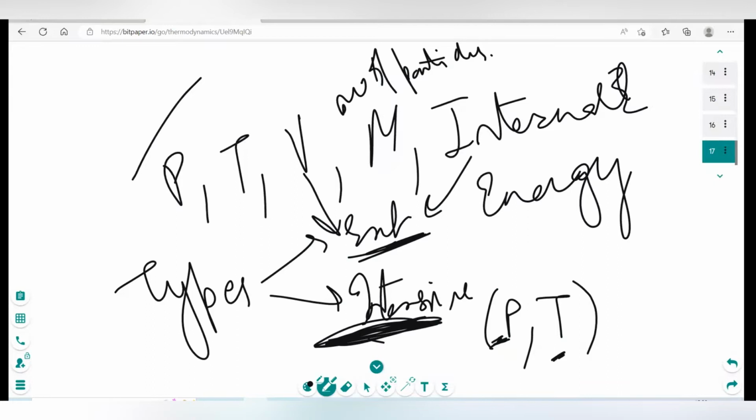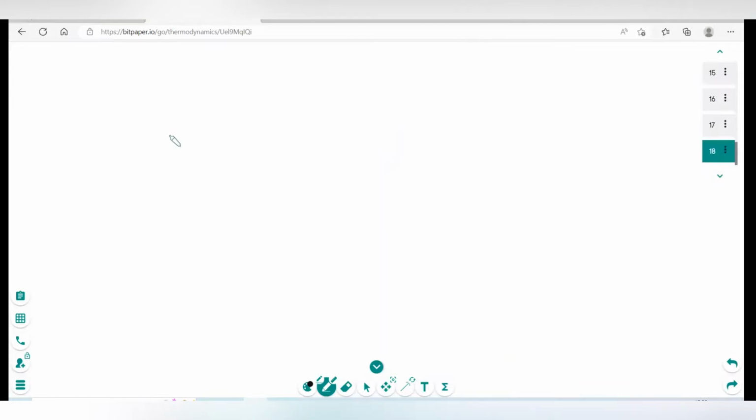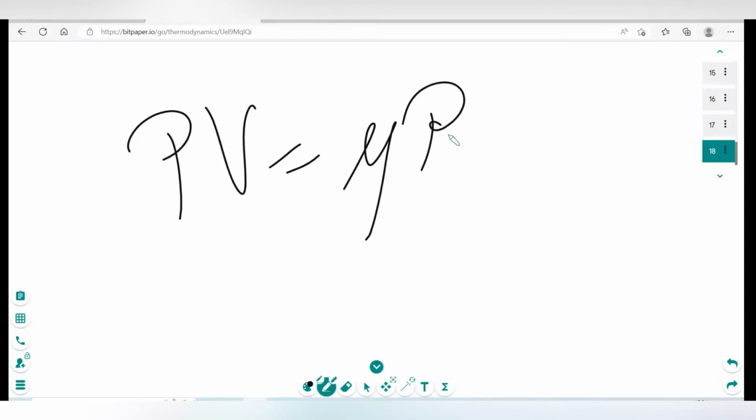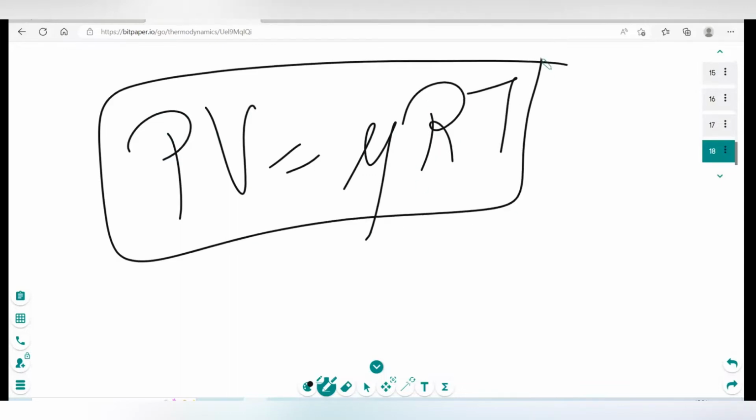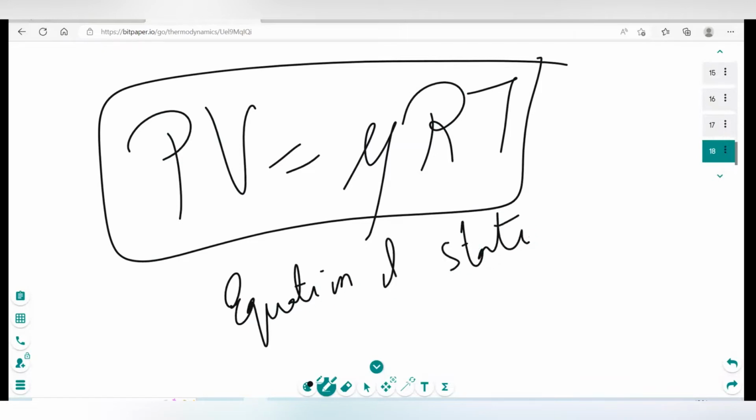And we learned about the equation of state, that was PV is equal to μRT. Remember? I think I remember. Equation of state, as in an equation connecting the state variables.